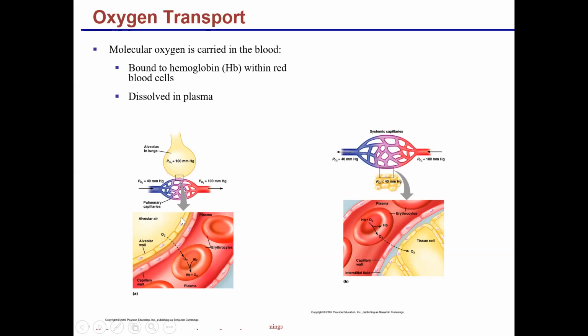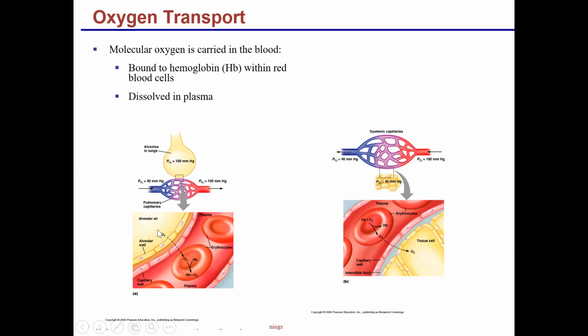If you look at this diagram, the yellow part is the alveolus, and this is a blood capillary. If we enlarge this, the yellow part is still the alveolar air sac, and on this side is the blood capillary. You have red blood cells, and of course the hemoglobins are inside the RBCs. You also have plasma here.